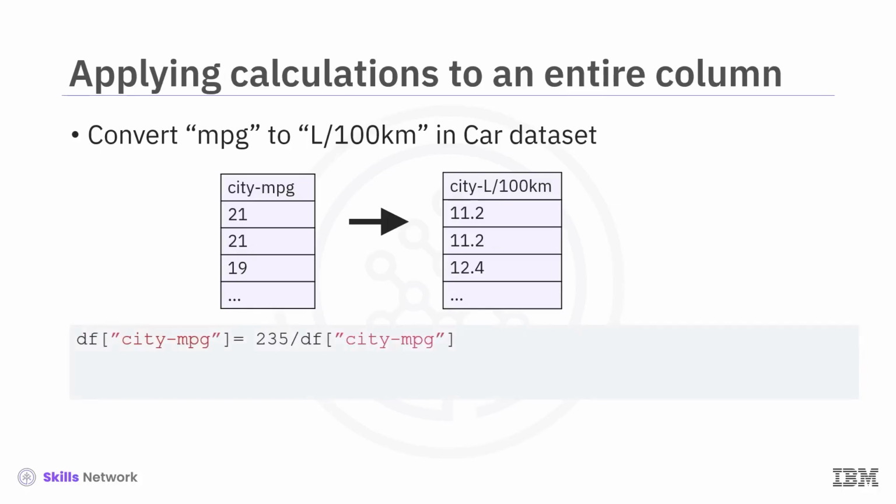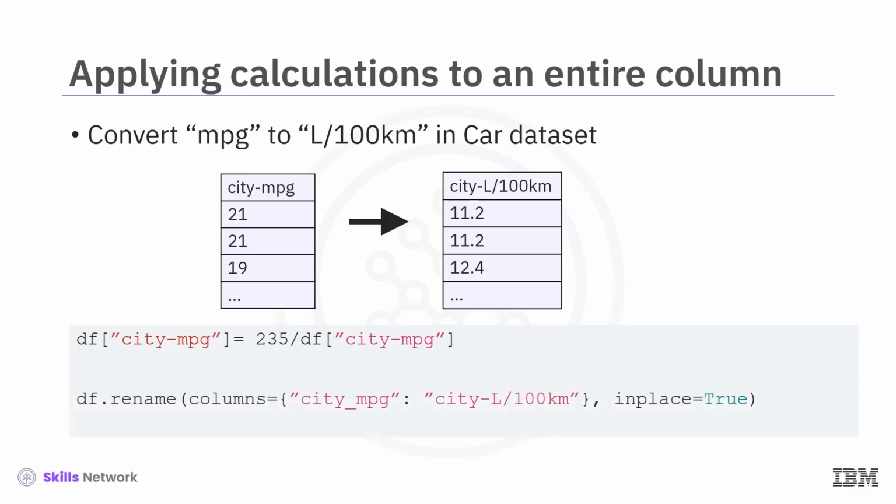To transform miles per gallon to liters per 100 kilometers, we need to divide 235 by each value in the city miles per gallon column. In Python, this can easily be done in one line of code. You take the column and set it equal to 235 divided by the entire column. In the second line of code, rename the column name from city miles per gallon to city liters per 100 kilometers using the data frame rename method.